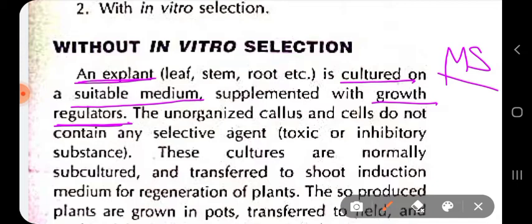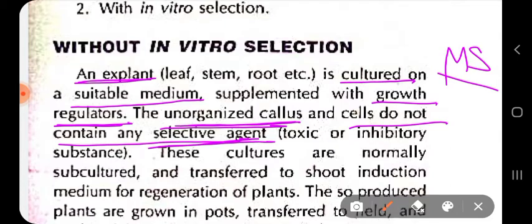Then we get unorganized callus, an unorganized mass of parenchymatous cells, that do not contain any selective agent. That means any toxic agent or inhibitory agent should be avoided.